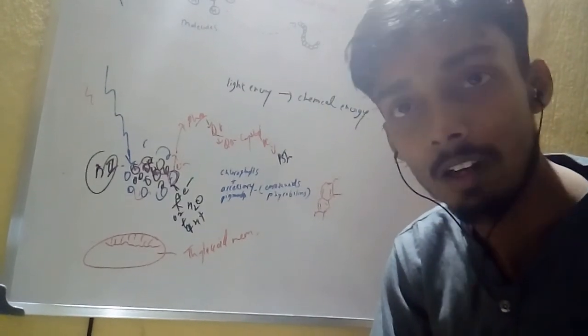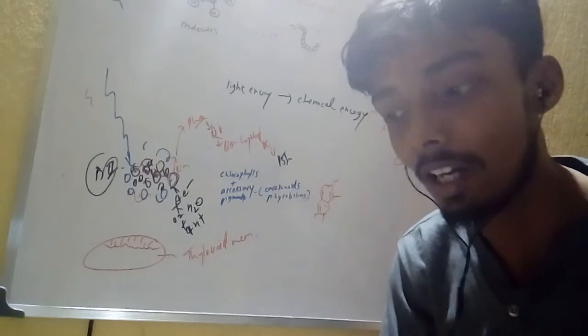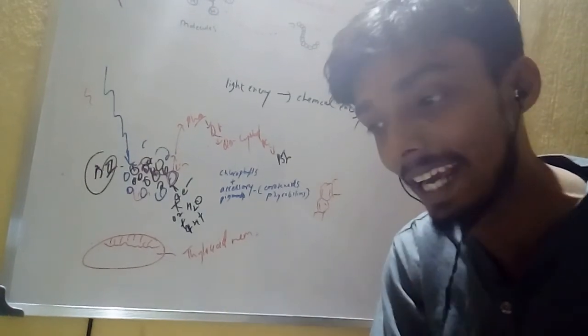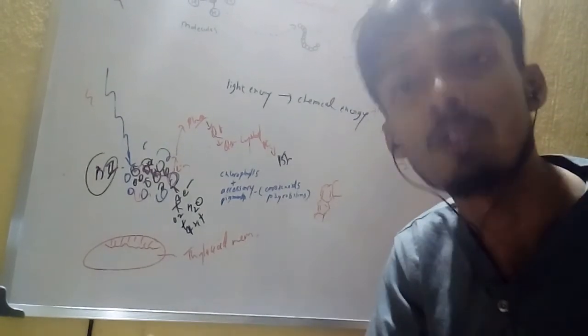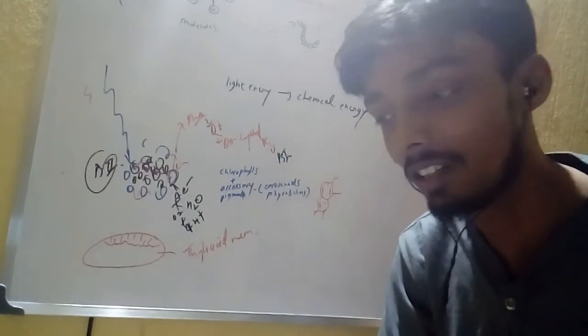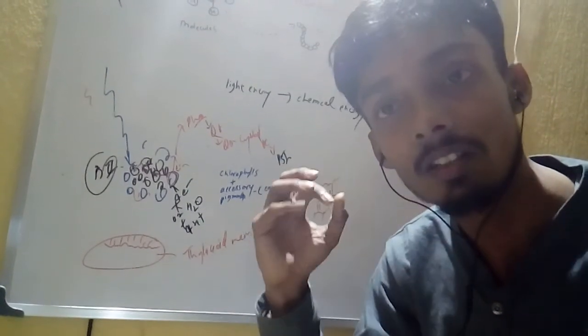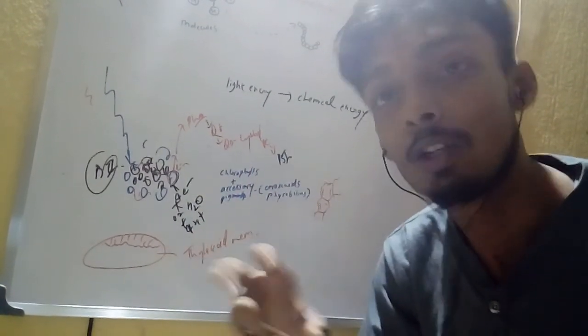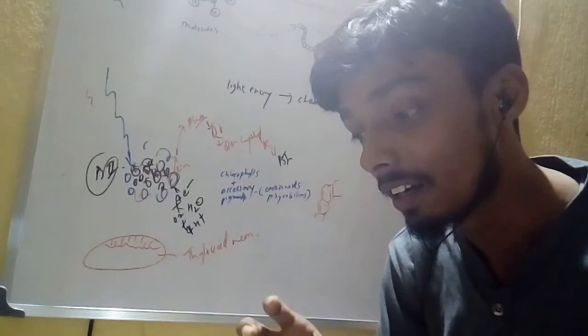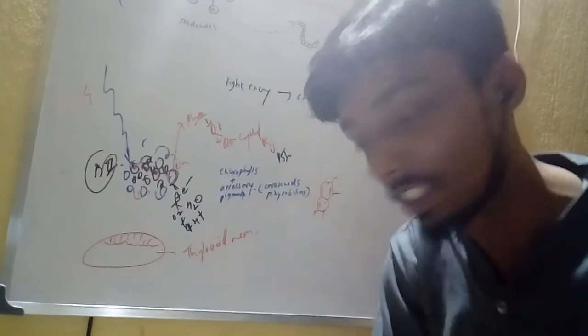Okay, and the whole process, you know, there is a Z scheme, photosystem second is coordinated with photosystem first, and they generate NADPH. That NADPH in the dark cycle will be used for carbon fixation.